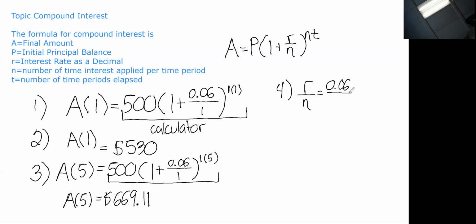And N is the number of times interest is applied per time period. So per year, it's applied every 6 months, which would be 2 times. So our answer is 0.03, or 3%.